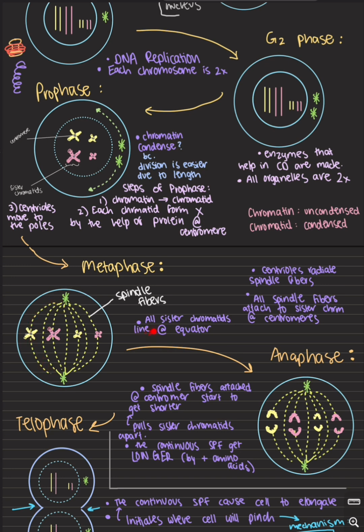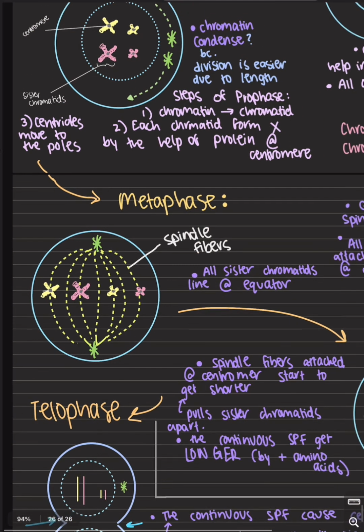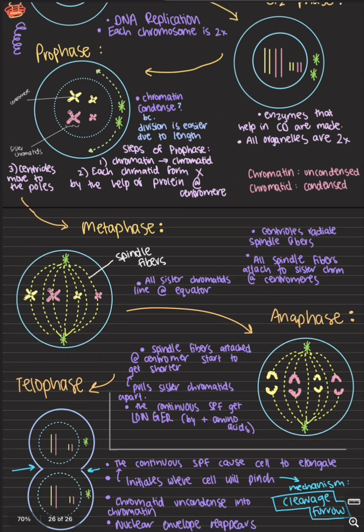And these sister chromatids, we see they line up at the equator of the cell. And then the spindle fibers attach to the sister chromatids at the regions of the centromeres. And some spindle fibers, they attach from centriole to centriole. They're the continuous spindle fibers. Like you can see how some of them just go straight from centriole to centriole. And this helps in anaphase.